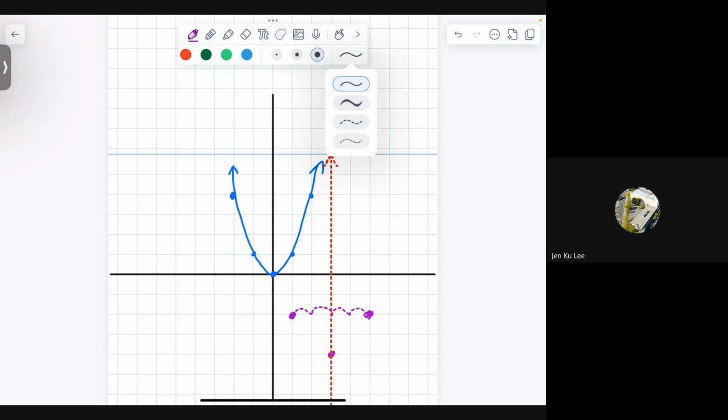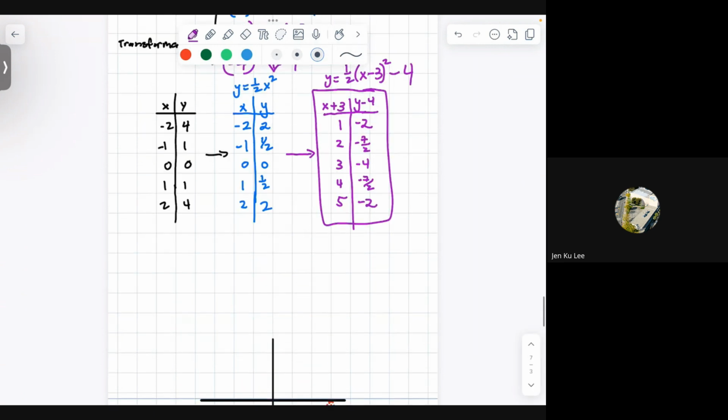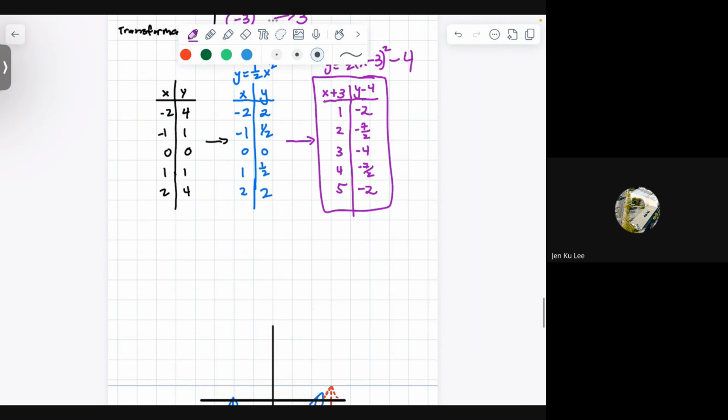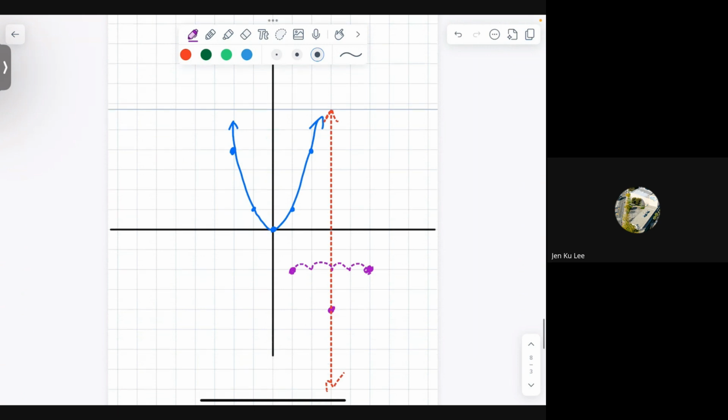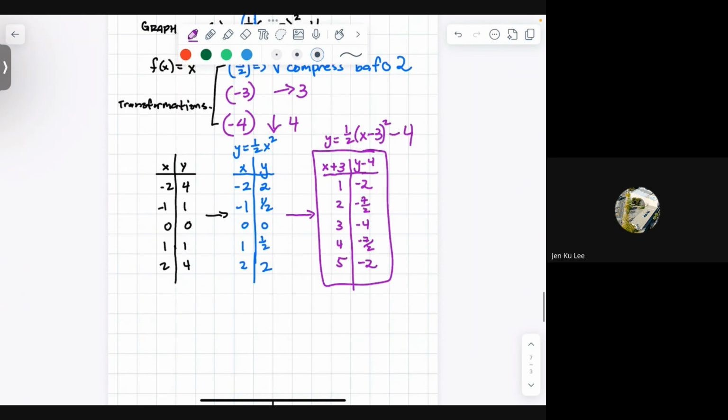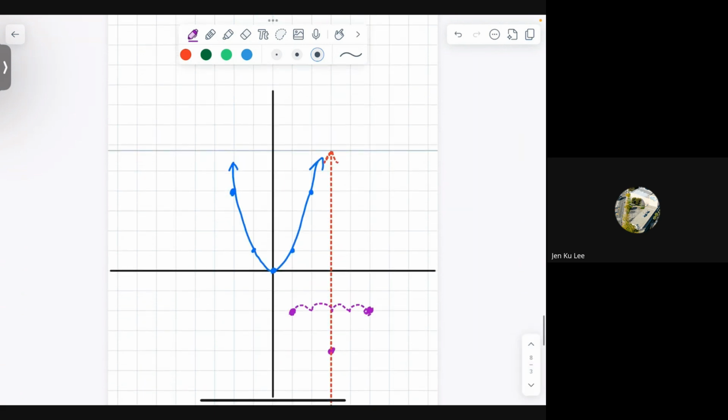So my next point, we're going to graph (1, -2). Oh no, we already did that. (2, what is that? -3 and 1/2). So it's (2, -3 and 1/2). Since that guy is 1, this guy is another 1.